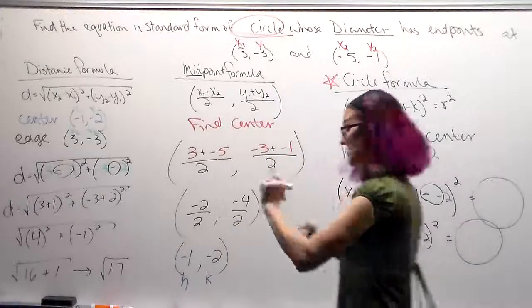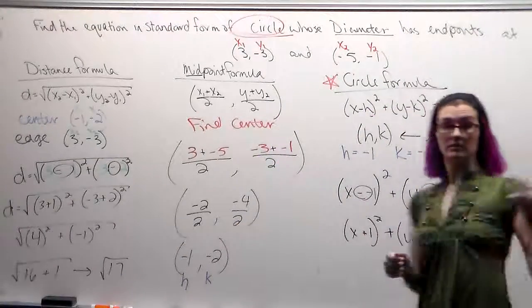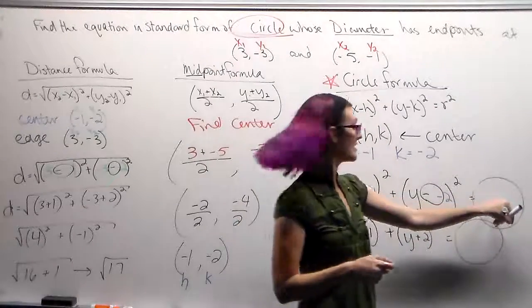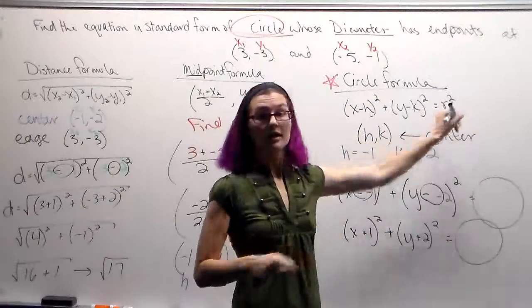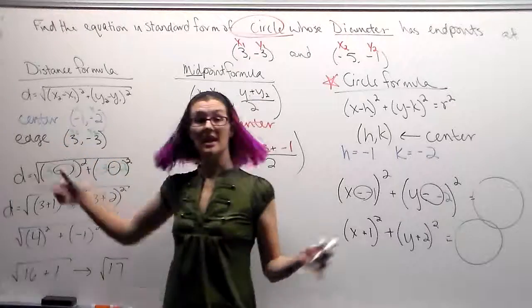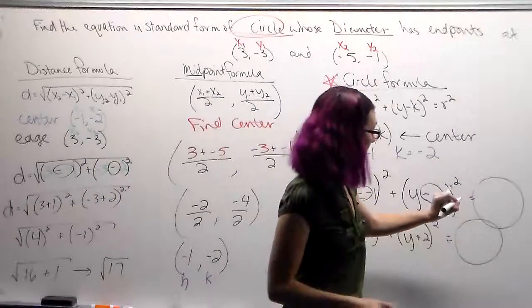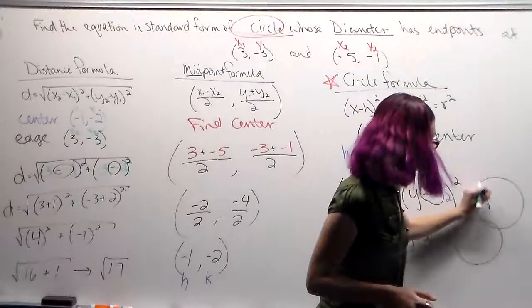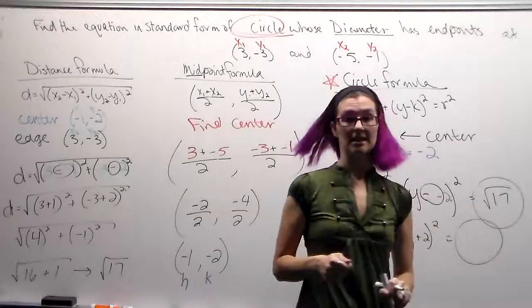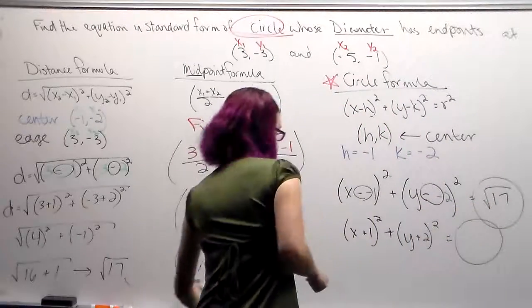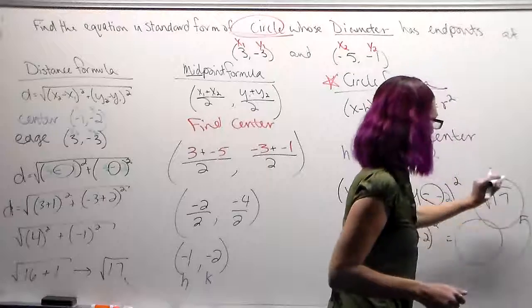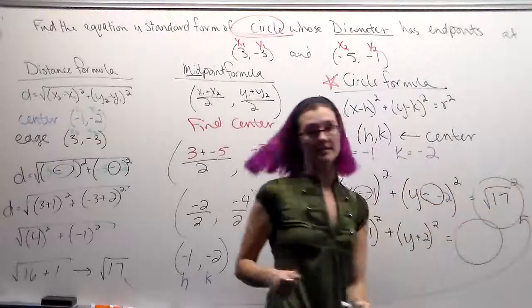Plus, it has the bonus feature when I come over here and I'm plugging it in for my radius squared. Because that's the distance from the center to the edge, that is my radius. So I come over here and I say the square root of 17, and then I'm going to square that.